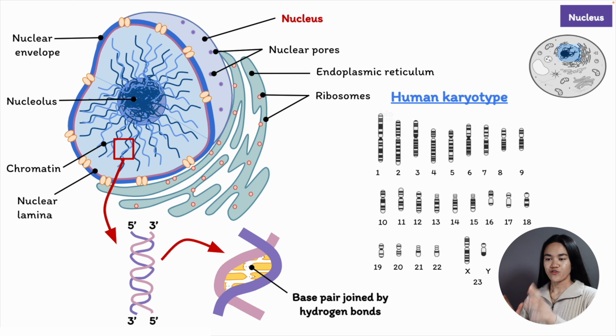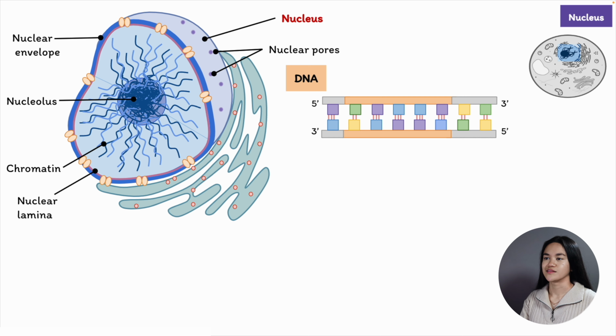Now, we've covered the structure of the nucleus and what we can find within it, but what else does it do? The nucleus also directs protein synthesis. Let's break this down. We start with DNA in the nucleus, and this right here is the nucleotide sequence of a gene, okay? It's a segment of DNA that contains instructions for making a particular protein.